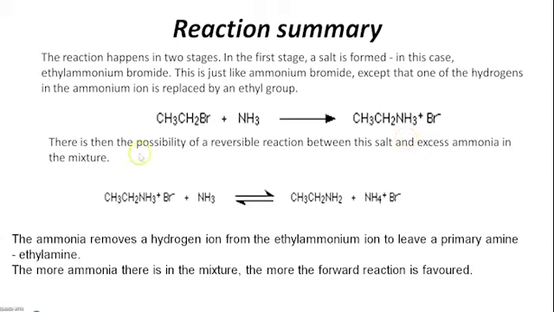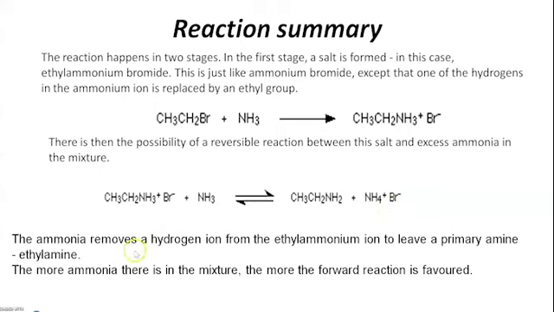There is then the possibility of a reversible reaction between this salt and excess ammonia in the mixture. Excess ammonia, when it reacts with this salt, forms amines. So here ethyl ammonium bromide reacts with excess ammonia, producing ethylamine and ammonium bromide.